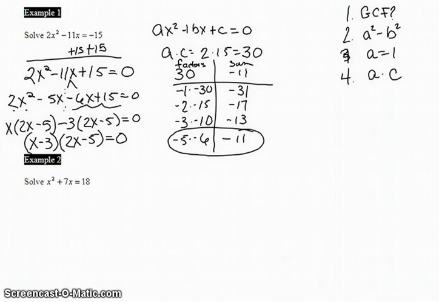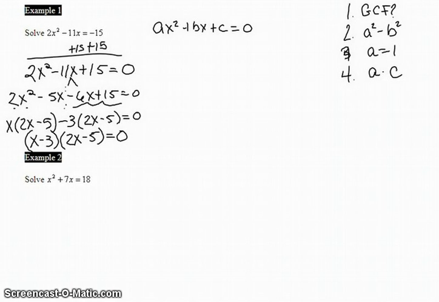When I'm at this point, I'm going to go ahead and erase just a little bit here to give me some more room. There we go. Now I'm going to use that zero product rule. In order for the quantity x minus 3 times the quantity 2x minus 5 to produce a product of 0, x minus 3 needs to equal 0, or 2x minus 5 needs to equal 0. So I just take each binomial, set it equal to 0, and solve.